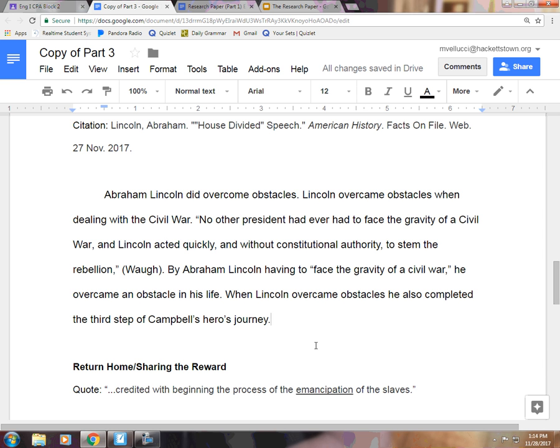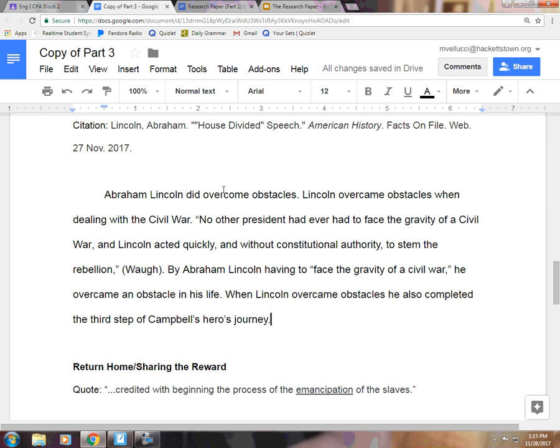This is okay in academic writing. We are not writing to entertain our audience. The only reason we would ever write this paragraph is to discuss Abraham Lincoln, and whether or not he overcame obstacles. Every sentence in the paragraph should deal with those two ideas, either Lincoln or how he overcame the obstacles. It's okay in academic writing to appear repetitive.